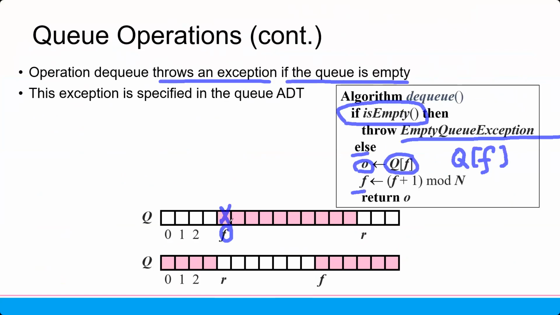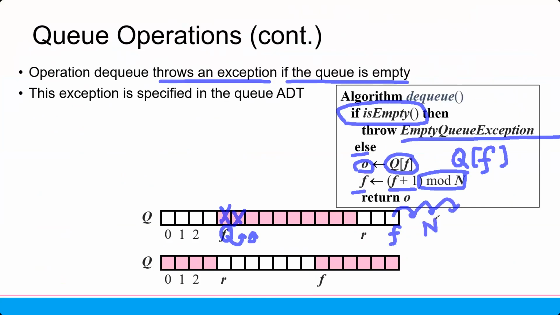If we remove this one, then F will be increased by 1, and so on. If F is increased by 1, we also need the mod N, because when F is at the end, we cannot go next since the size is limited.